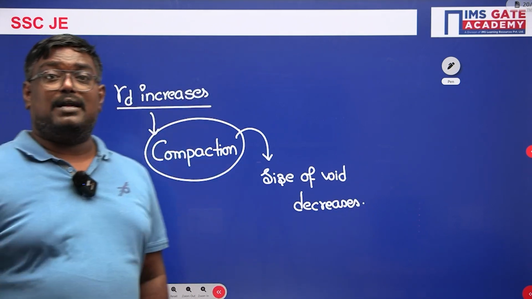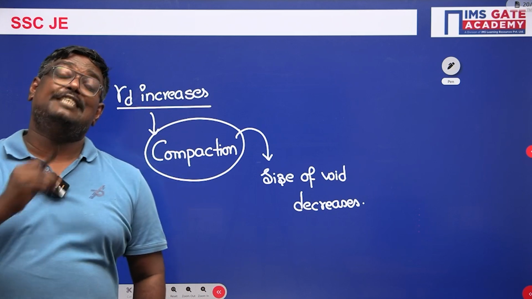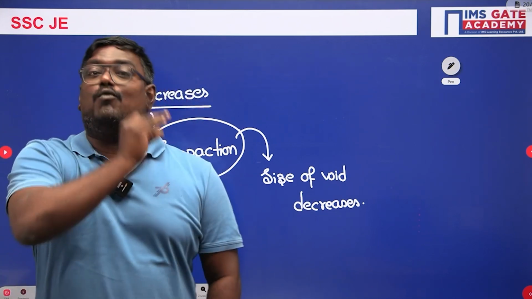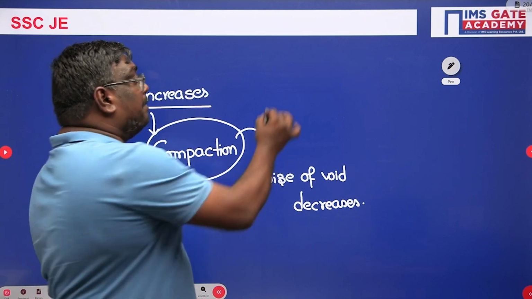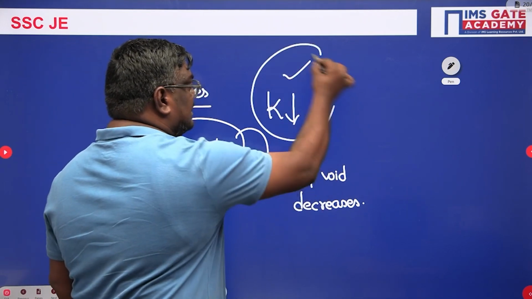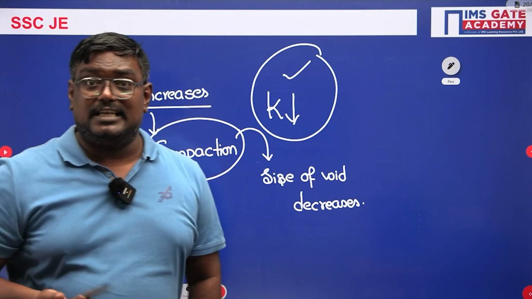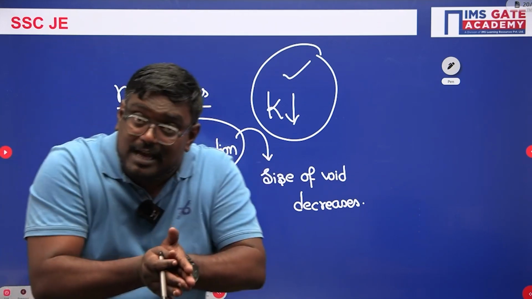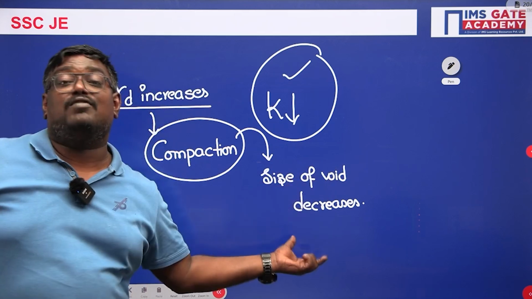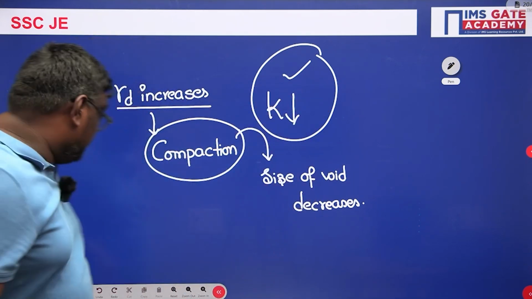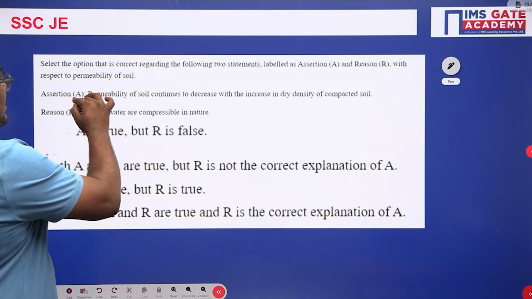Permeability is nothing but the property of the soil which allows the passage of flow. When you are decreasing the size of the void, definitely permeability decreases. So when dry density increases, that means you are doing proper compaction. Once you have done proper compaction, size of the void decreases, so obviously permeability decreases. So the statement is correct.